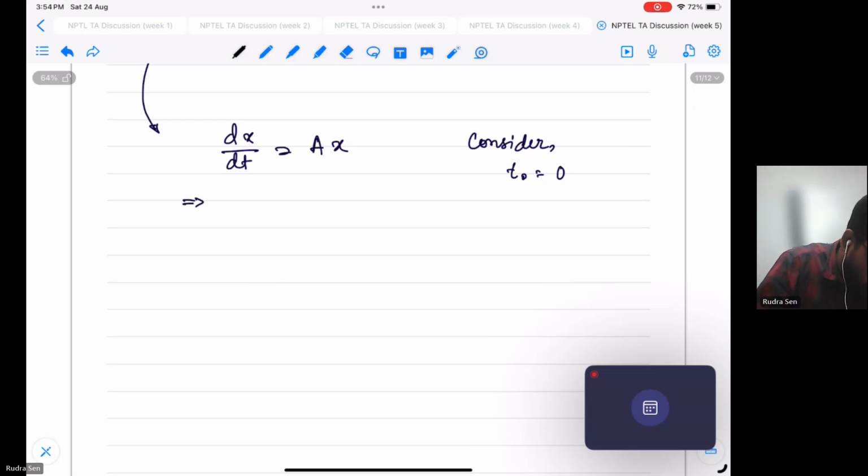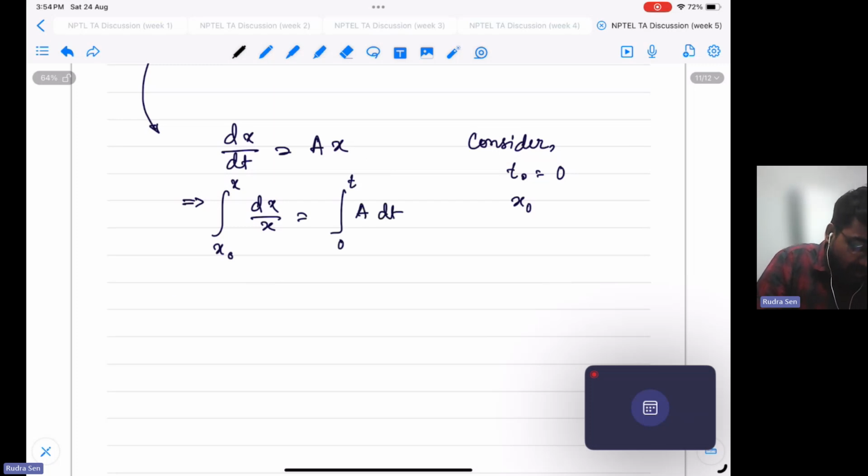If there is some x0 as the initial condition, this side is from x0 to x of dx by x, and here it is from 0 to t of A dt.